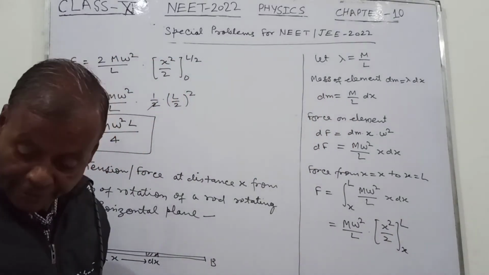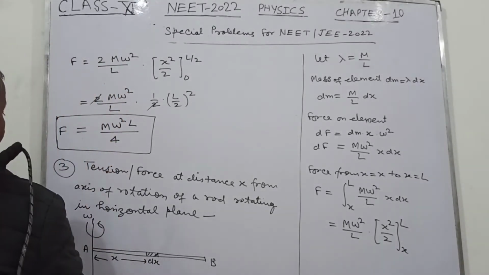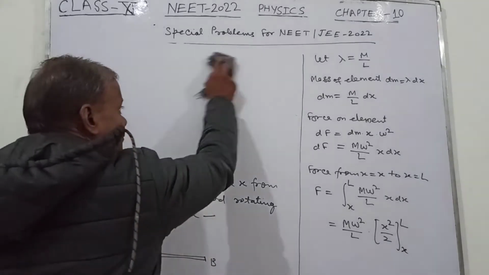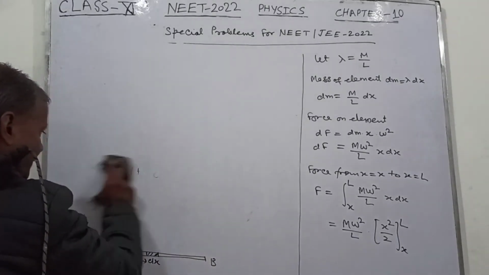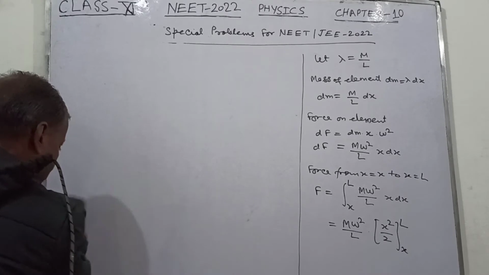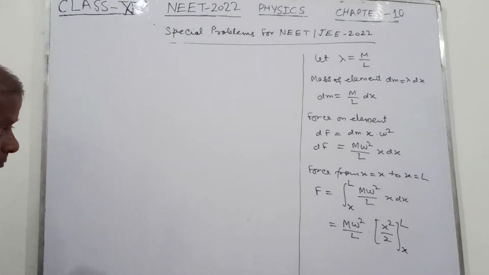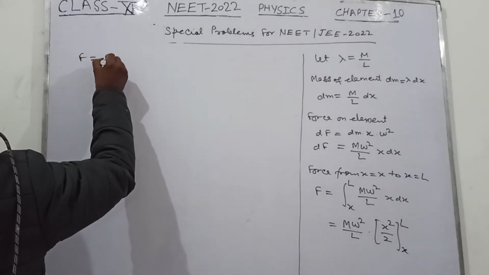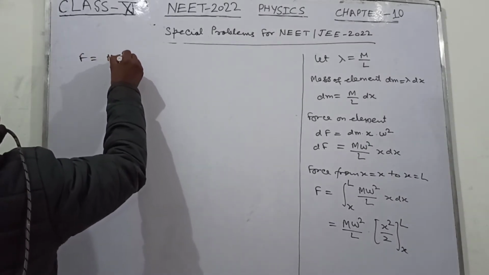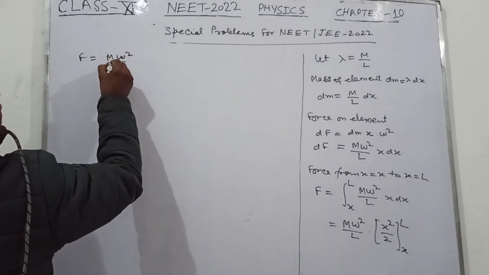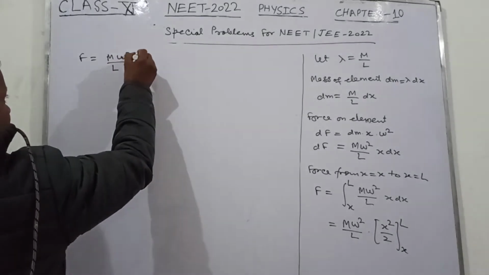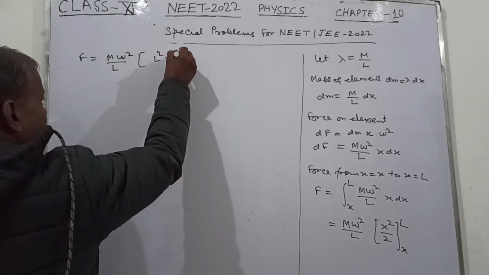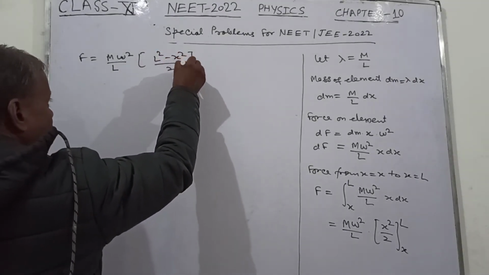So now this will be how much? F is equal to m omega square upon L into (L square minus x square) upon 2.